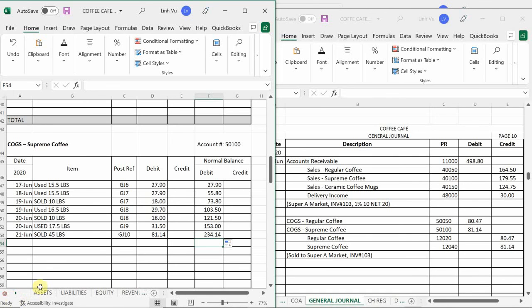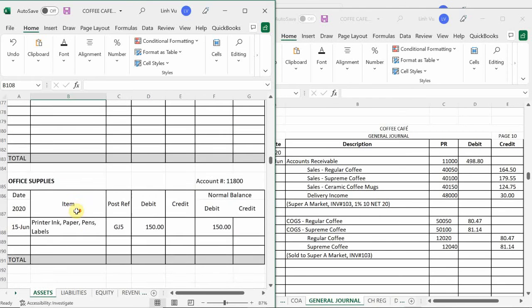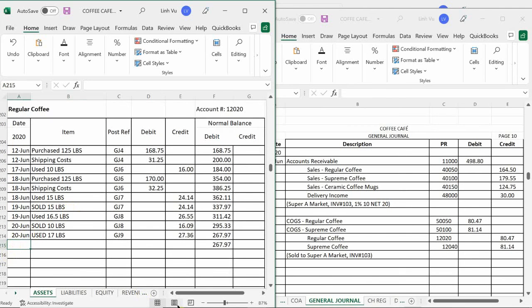So let's go ahead and adjust our inventory accordingly. So here we are in my regular coffee. We sold 50 pounds for $80.47.